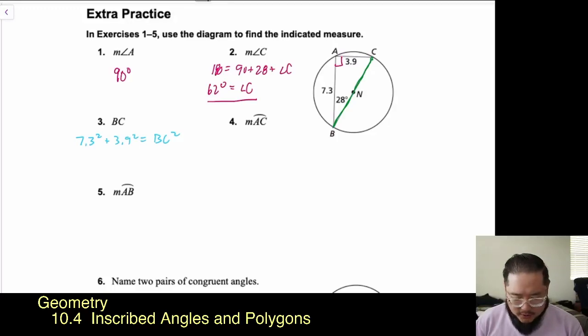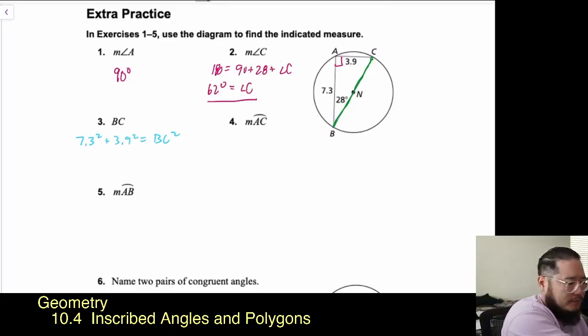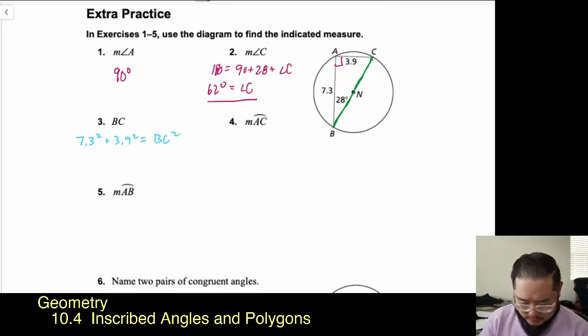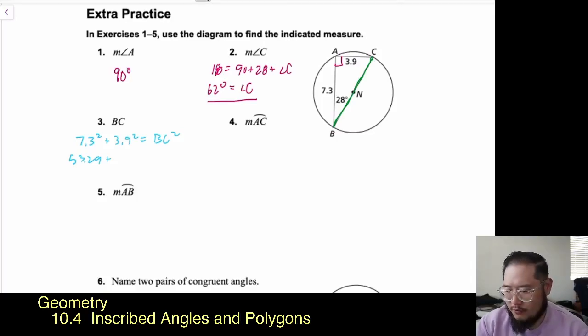All right, so we go ahead and put all that together. Simplify this for you. We've got 7.3 squared, which is 53.29. Now, do not round, okay? I kept saying this before, but do not round right here until the very, very end.